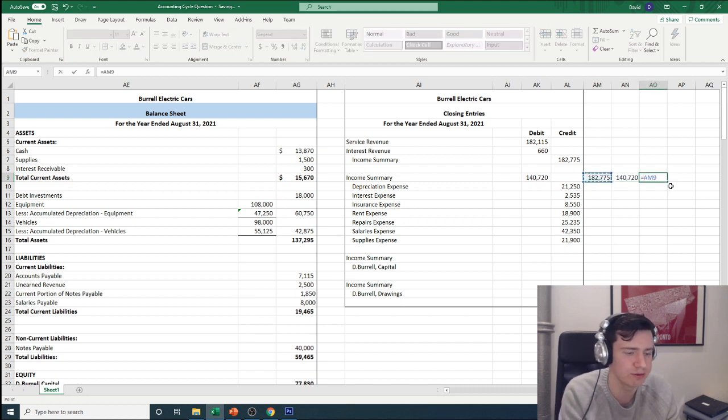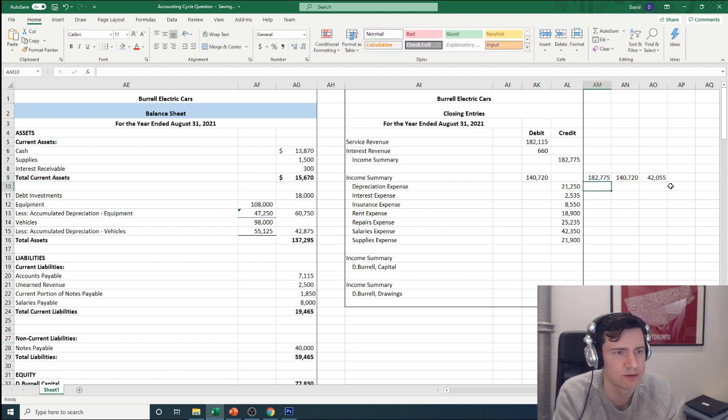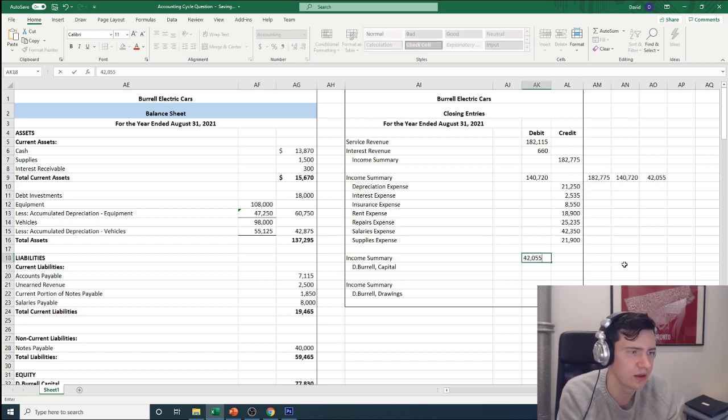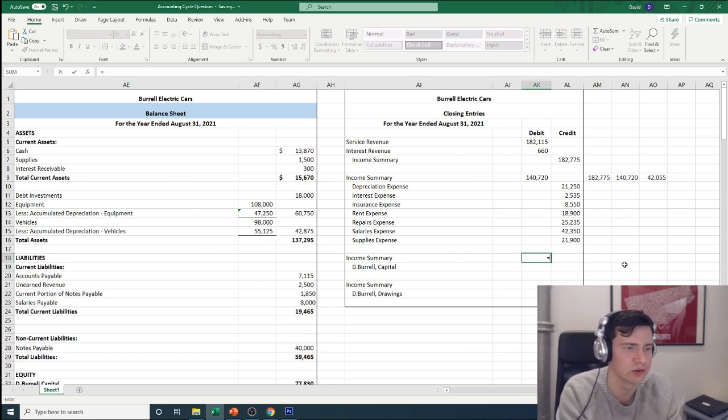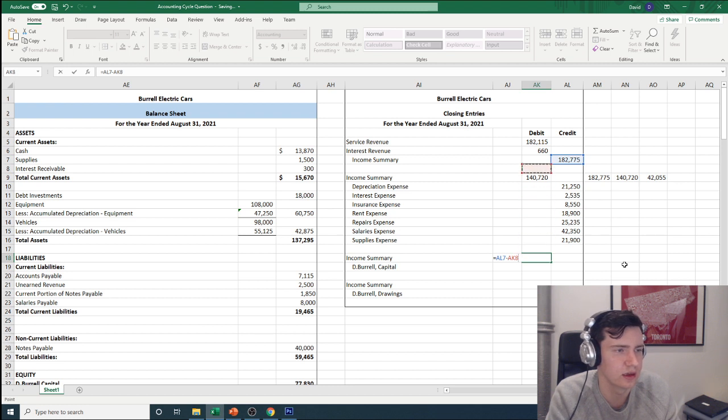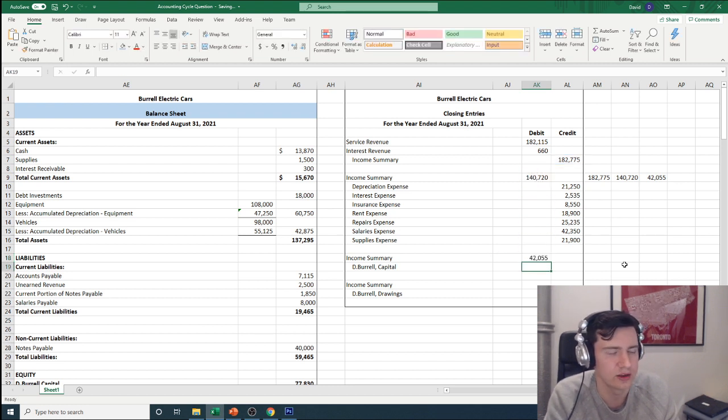So we're going to have a net profit of $42,055. So that's going to be the net income. And you could also just do this as equals the amount transferred to income summary, subtract the expenses, and you get the same amount.